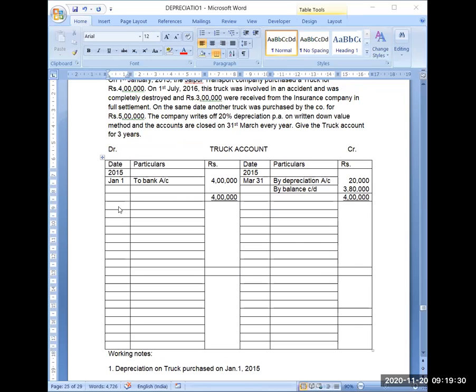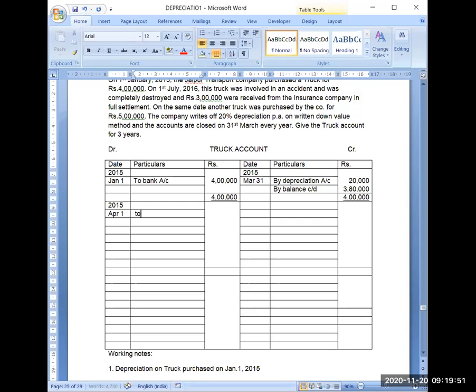Okay, now year 15-16 will start. The previous year was 14-15 because the transaction was given on January 1, 15. So year will not change here. Now coming to April 1.